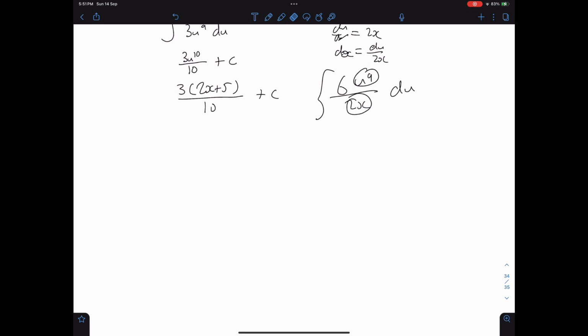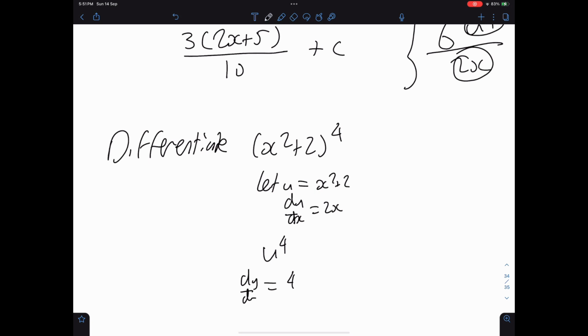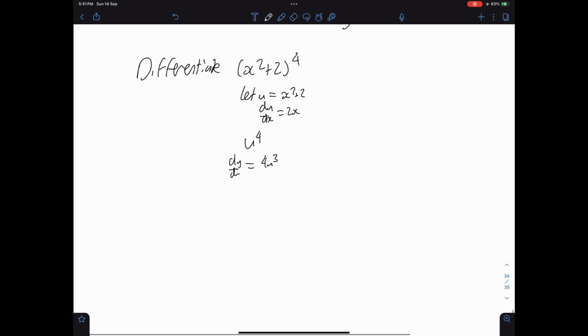For example, it might tell you to differentiate (x squared + 2)^4. So you do your chain rule. du/dx equals 2x, and then u^4, dy/du equals 4u^3, so then dy/dx equals 4(x squared + 2)^3 times 2x, so that makes it 8x(x squared + 2)^3.